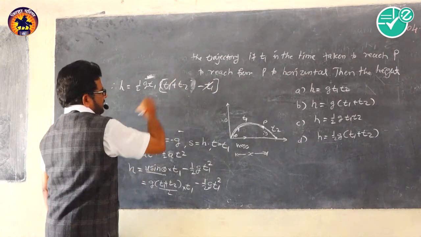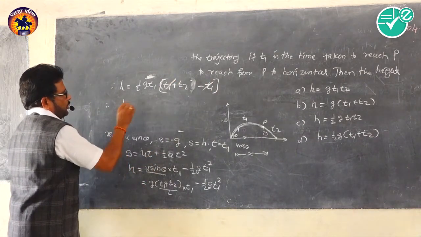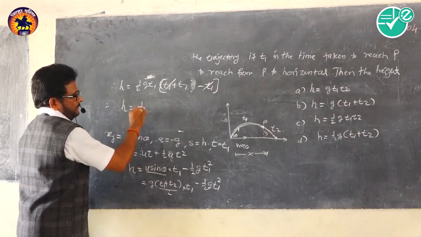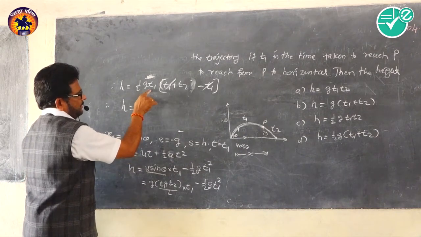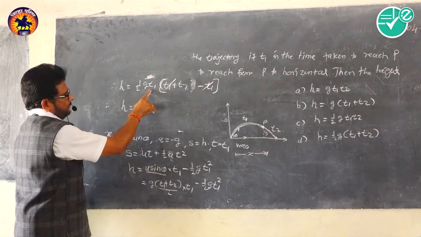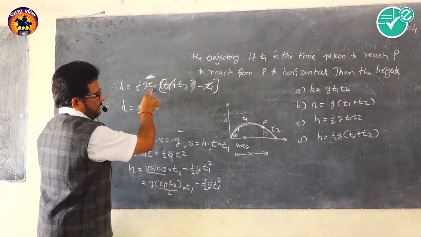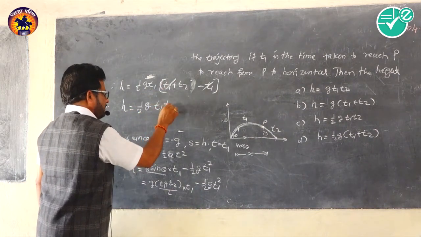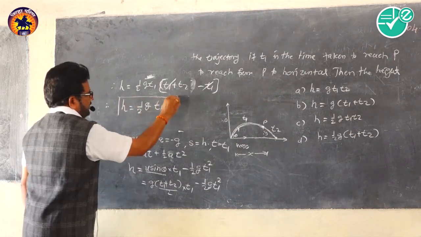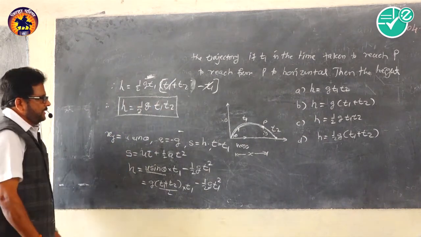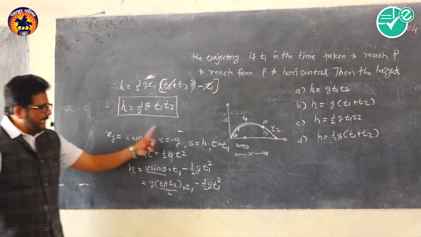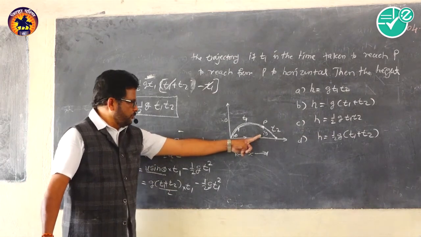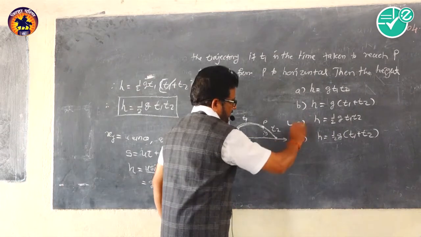T1 gets cancelled. So H is equal to half g T1 into T2. H is equal to half g T1 T2. This is the height of this projectile. And so the option C is correct.